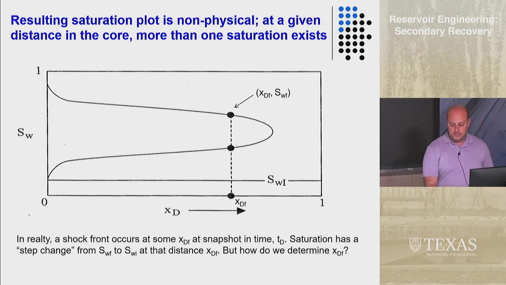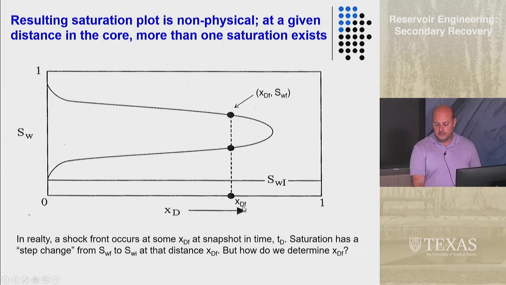What actually happens is that at some distance, I'm going to call it XDF, XD is of course the dimensionless distance, the F subscript stands for front. So we have this shock front, and at that dimensionless distance XDF, there's a water saturation SWF, which is the front saturation.